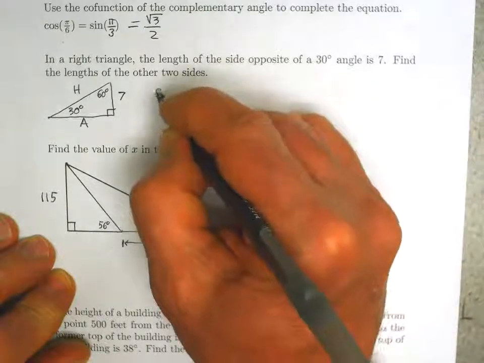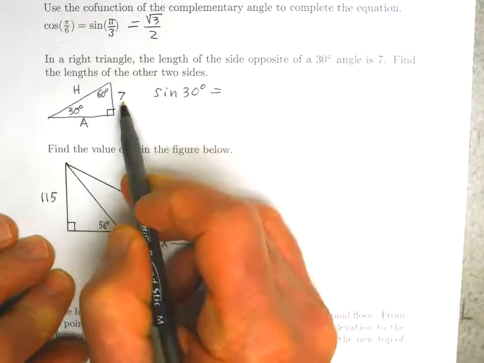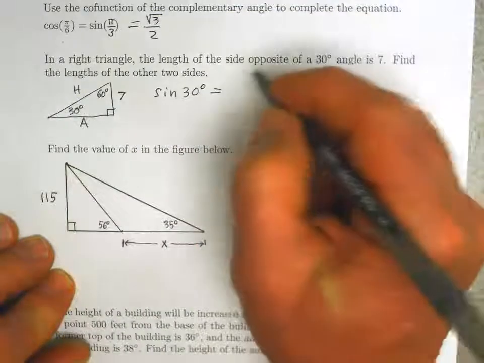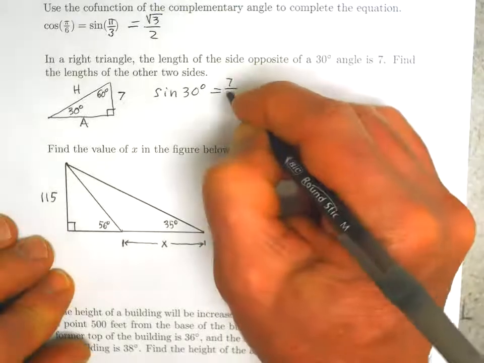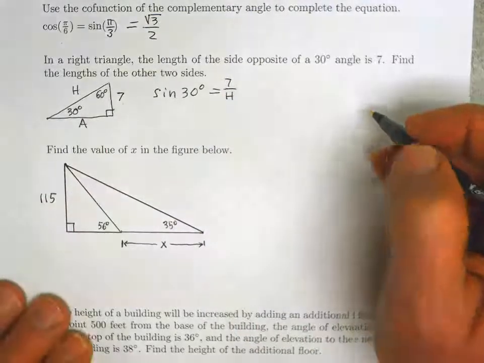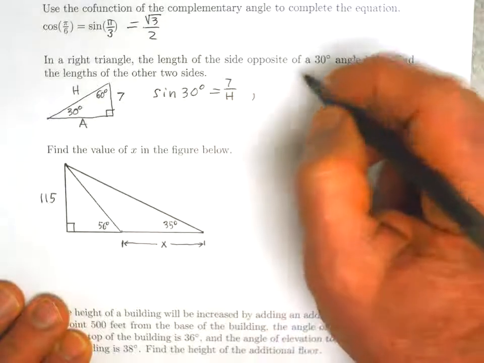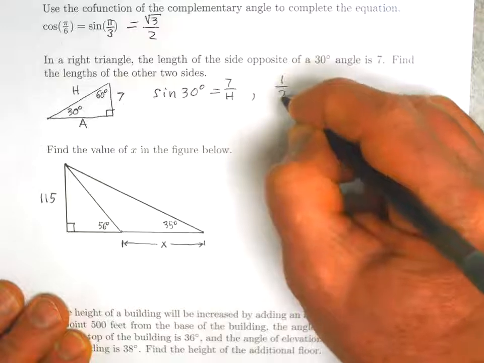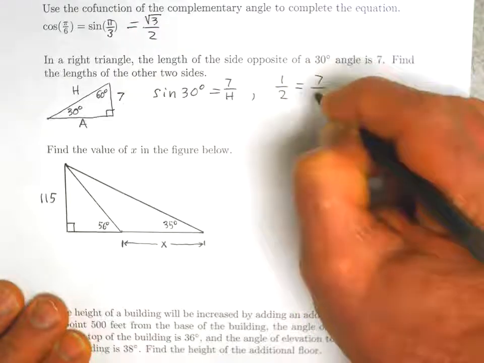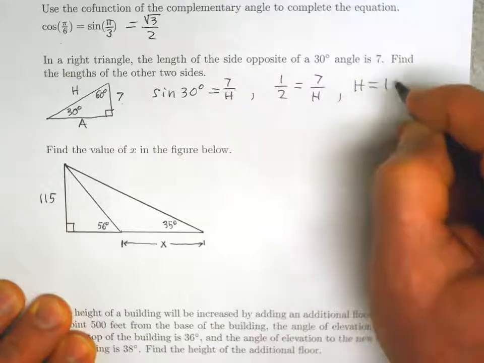We can write sine of 30 degrees is equal to the length of the opposite side divided by the hypotenuse, 7 divided by h. And then we can solve this for h. Sine of 30 is 1/2, so we get 1/2 equals 7 divided by h. And so h is equal to 14.